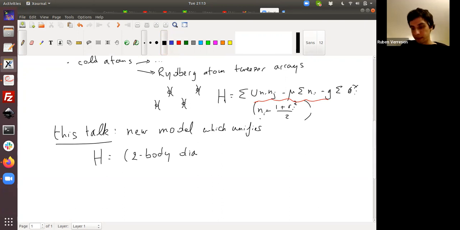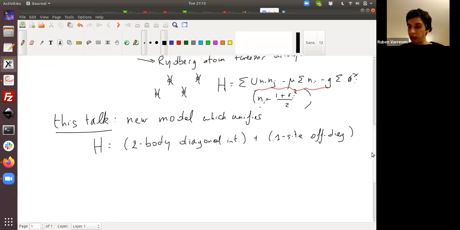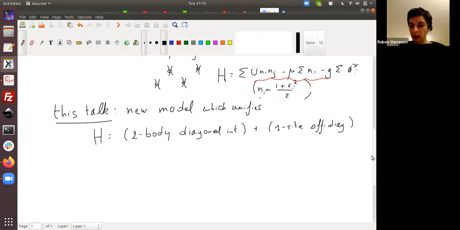You can call it classical, if you wish, in the on-site basis. So it has diagonal two-body interactions, and then some single-site off-diagonal terms which cause quantum fluctuations. Of course, I'll be making more precise what the actual Hamiltonian is, but I just want to give you a bit of a flavor of where we're headed.